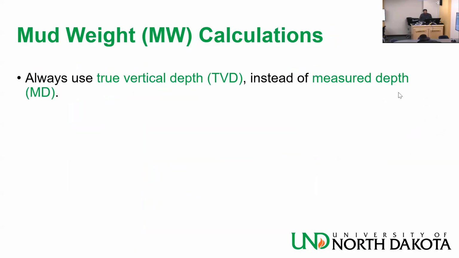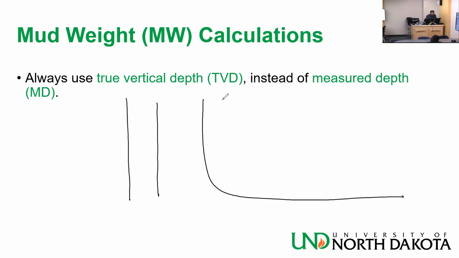So we always use the true vertical depth. We don't use the measured depth. Do you know the difference between the two? Take this well and this well.